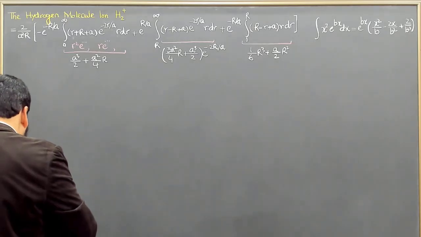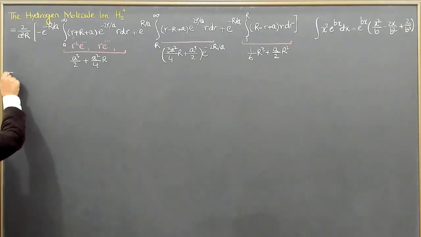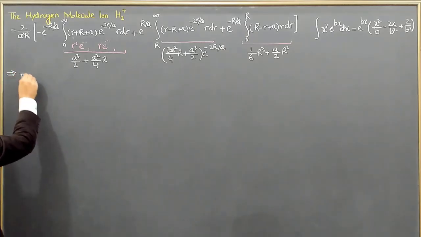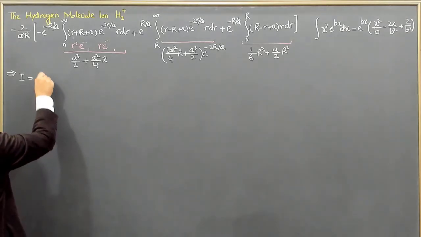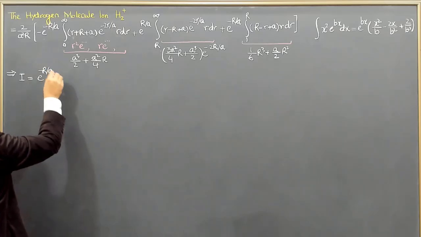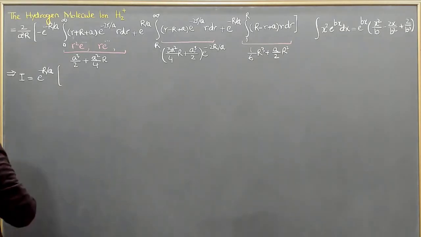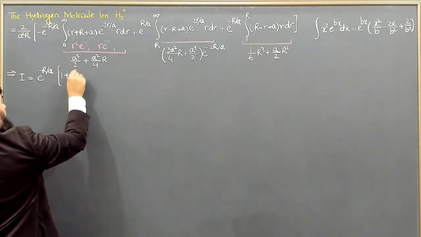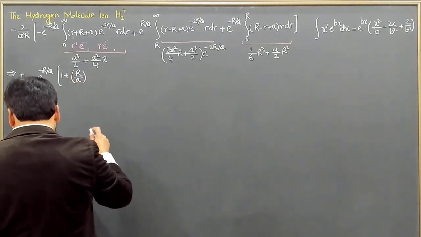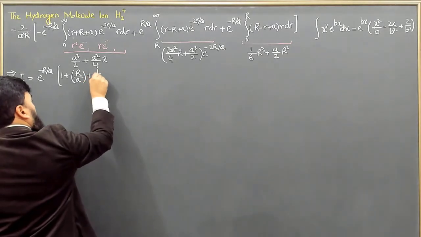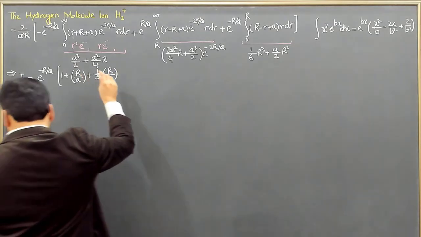So after putting all these and simplifying, we will get that the integral I, the overlapping integral, comes out to be e to the power minus r over a times 1 plus r over a plus 1 over 3 r over a whole squared.